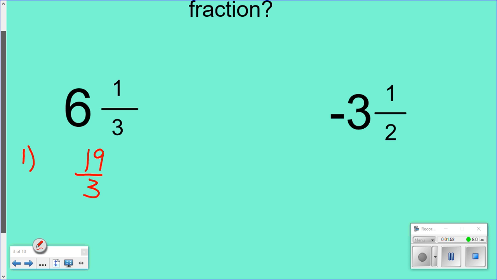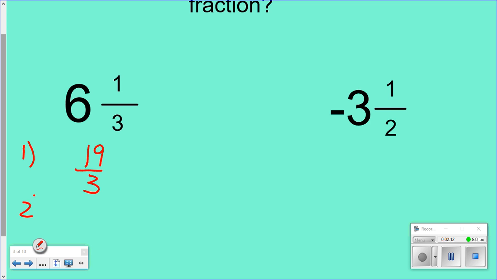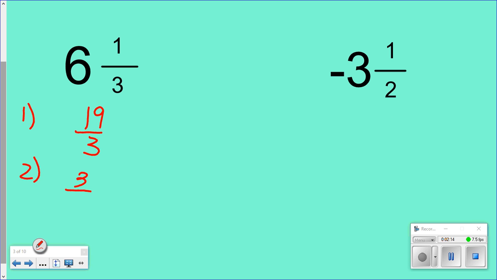I feel like I've been talking about this forever, like 7th grade. 7th grade is in fractions too, so I cannot think of who I've talked about this and who I haven't, because we've been talking about fractions for the last 3 weeks. Okay, then you need to flip it around. So first you find improper fraction, then you flip.